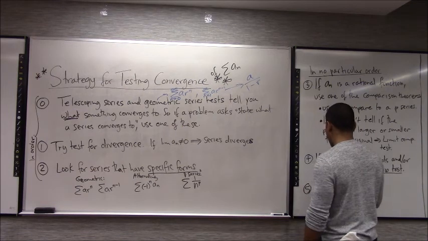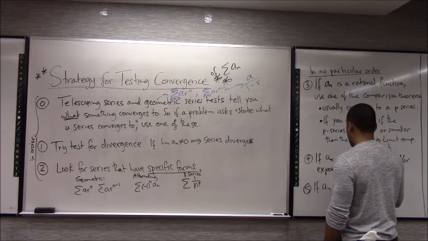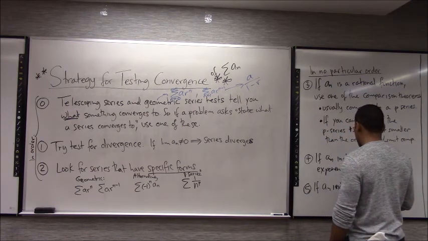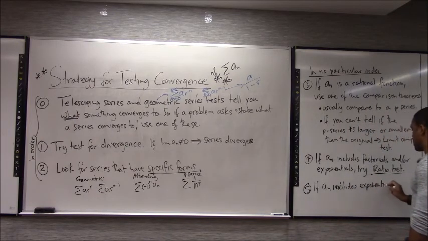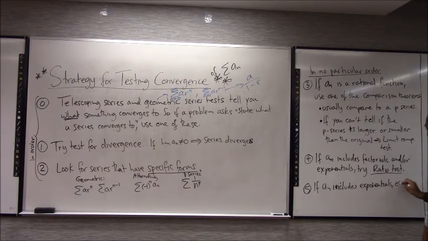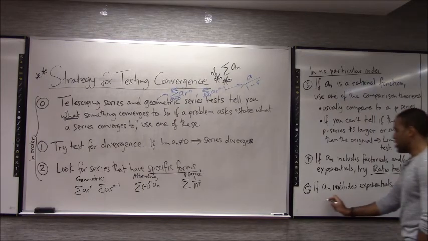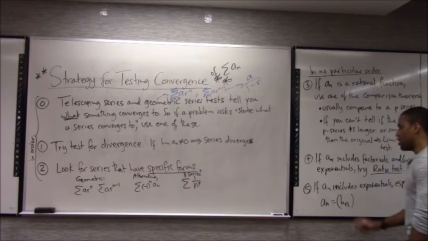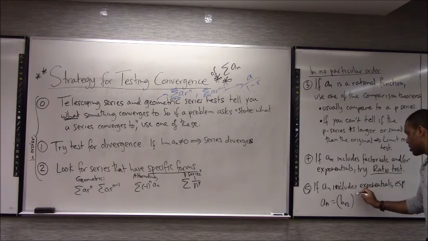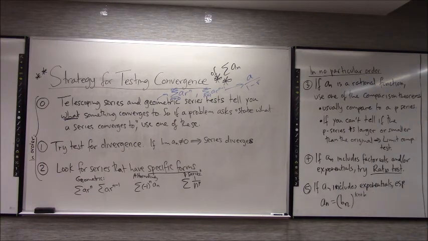That guy's also going to be nice because he's going to tell you about absolute convergence right away. 5. If a_n includes exponentials, especially if you realize that your a_n is just some other guy to the n, or something to the kn plus b, anything that has a linear power of n, that's going to be really convenient for the root test.